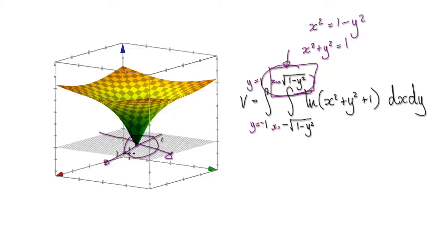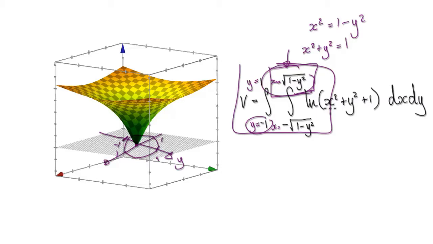So this would be 1. This would be 1. And then if you look at dy, it means you're scanning from y equals -1 to +1. So really the region that we're interested in is a circle of radius 1.